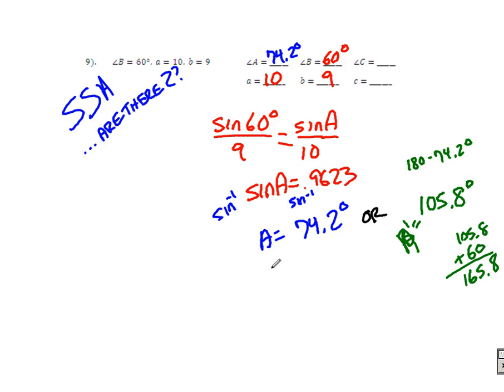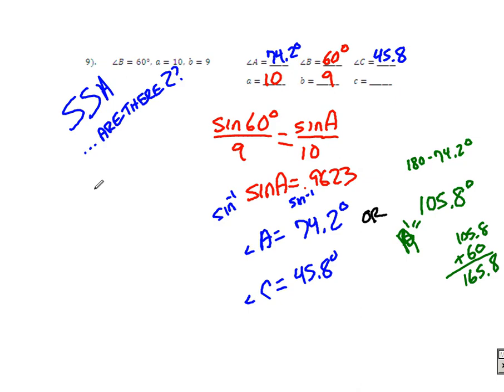So let's go back. If we knew angle A was 74 degrees, knowing angle B as well, we can then find what angle C is. Angle C is going to be 74 plus 60, and then subtract that from 180. So I should get angle C here is 45.8 degrees. And then find the last side in that first triangle.